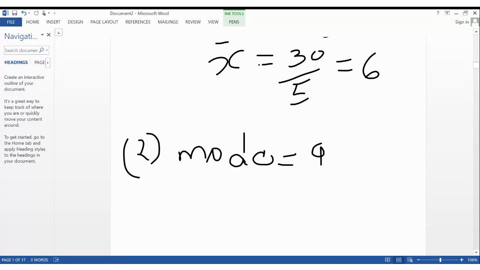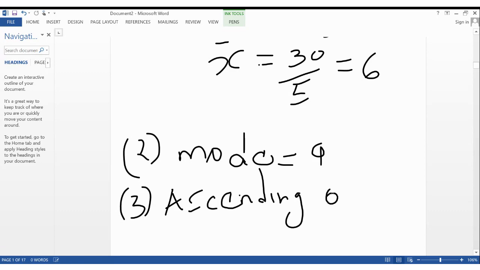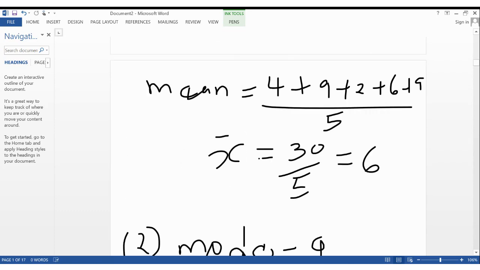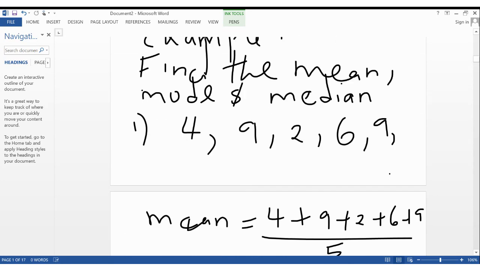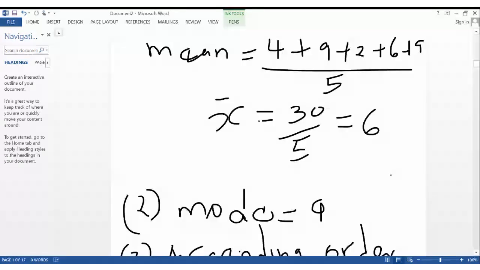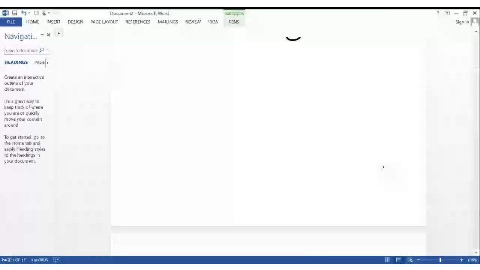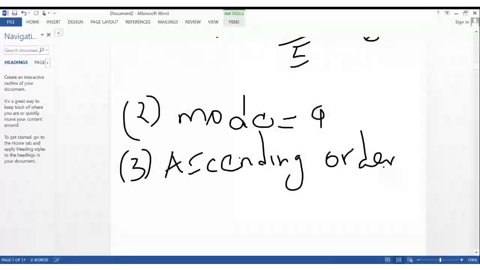Let's go to the median now. So I'll put them in ascending order. In ascending order, I'll have 2, and then 4, 6, 9, and 9.